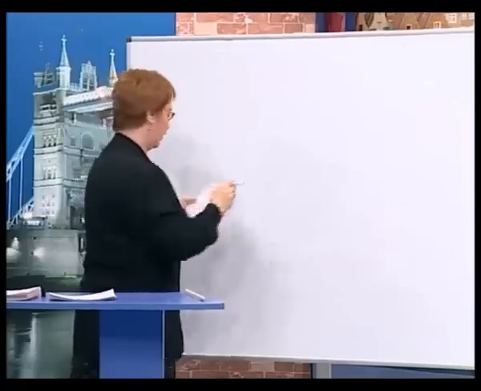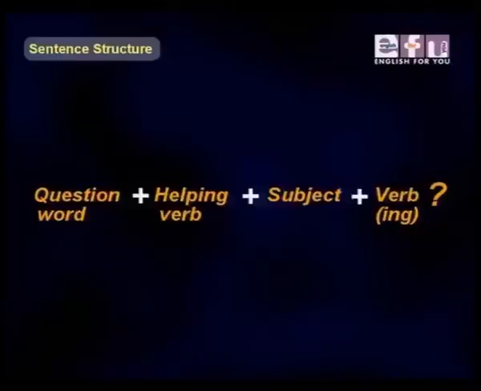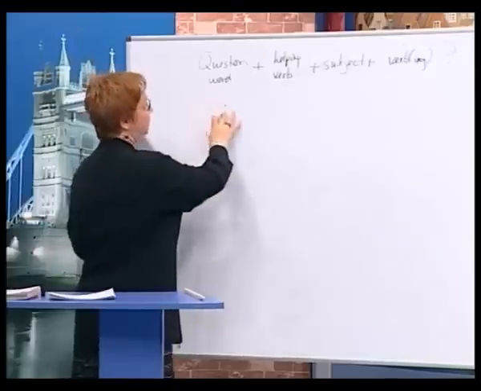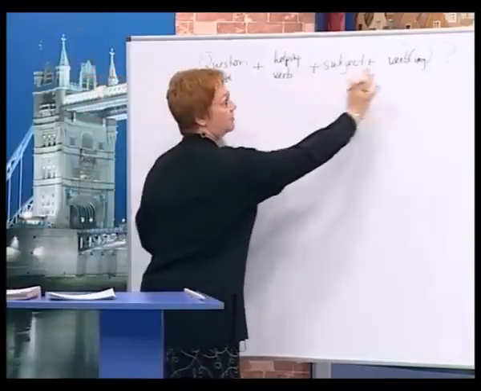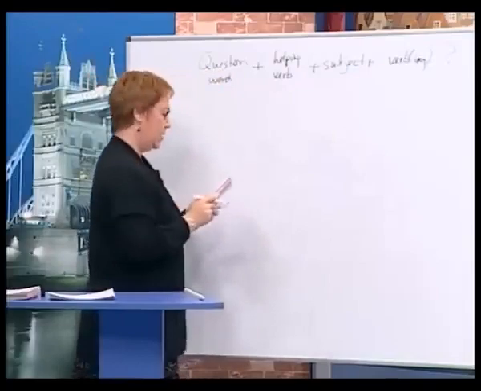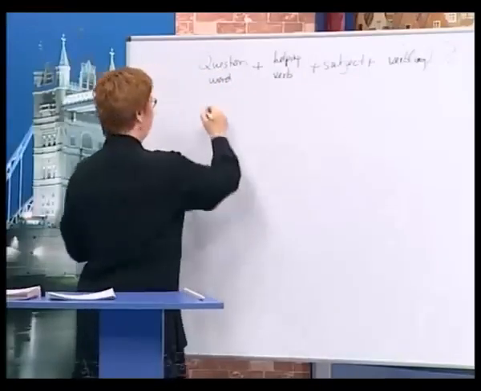With the continuous, we have the question word plus the helping verb plus the subject plus the ing verb. So the question word, the helping verb, the subject, and the ing verb. So here we go. What are you singing?